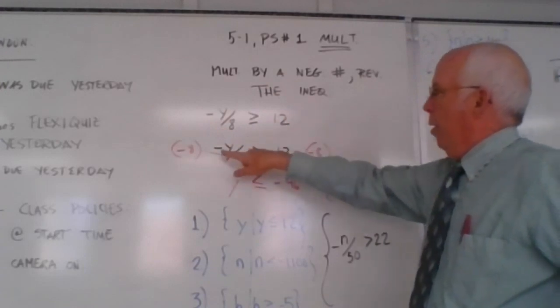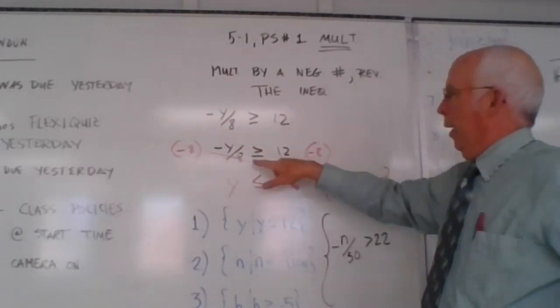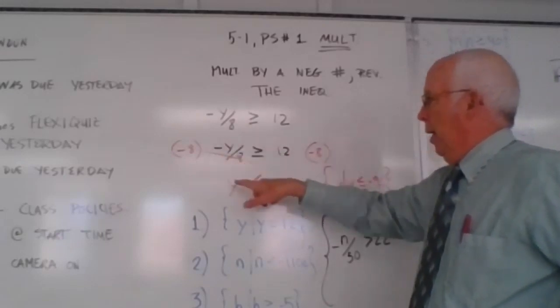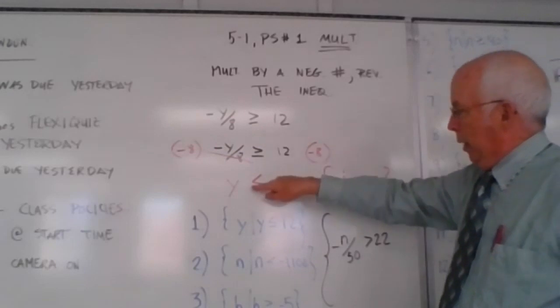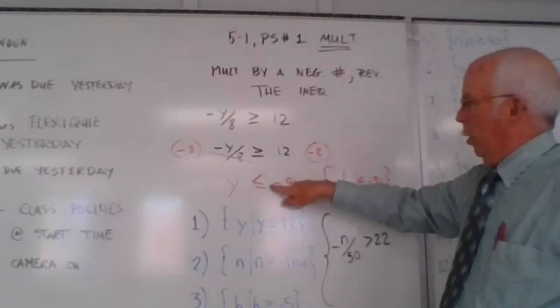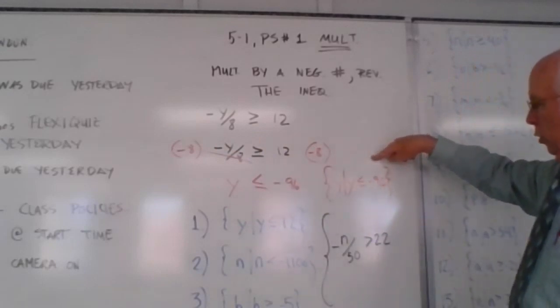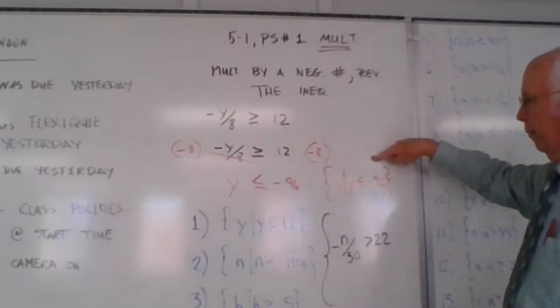To solve this, I need to multiply both sides by negative 8. That changes the coefficient to 1. It takes care of the 8 and the negative sign, but it does reverse the direction of the inequality. So it's y is less than negative 96, and there's the solution set format.